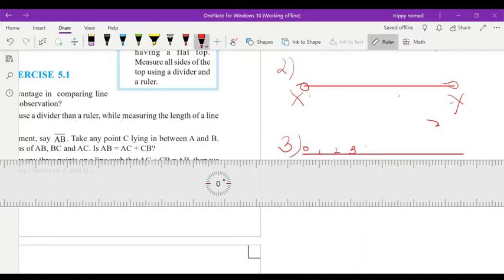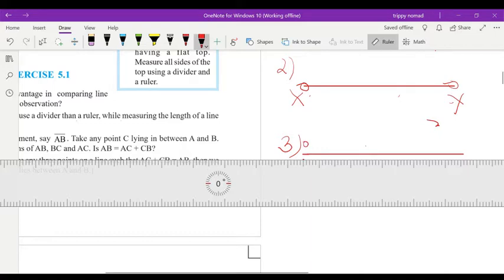I'm going to rub and tell you again by taking a little bigger difference. Okay, a little I am marking here. You have to use the scale and write from the scale only.